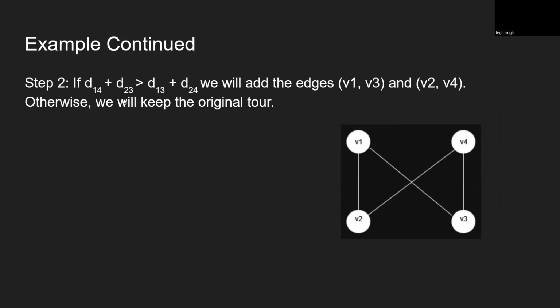If d14 plus d23 is greater than d13 plus d24, we will add the edges v1, v3, and v2, v4. Otherwise, we'll keep the original tour.